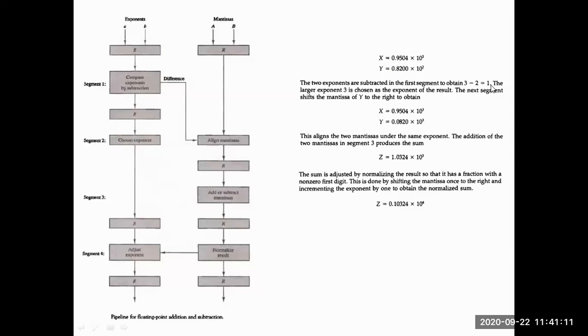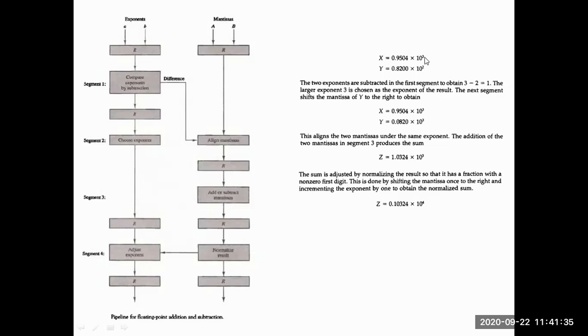This implies that the exponents are different, and since this is positive, +1, it implies that the first exponent is greater than the second. So we choose the greater exponent; that is, the result will have this exponent 3.